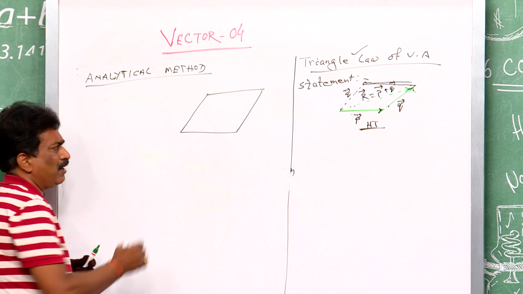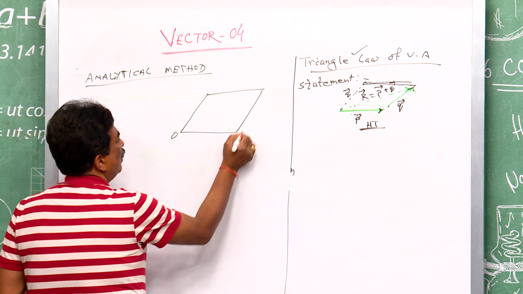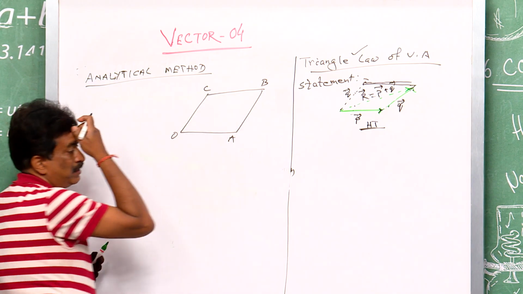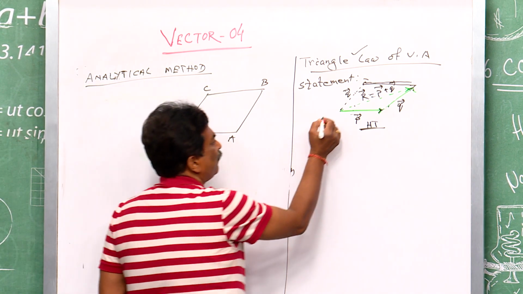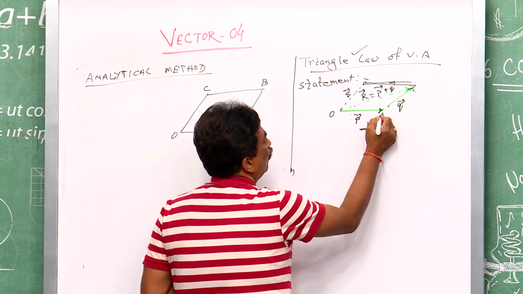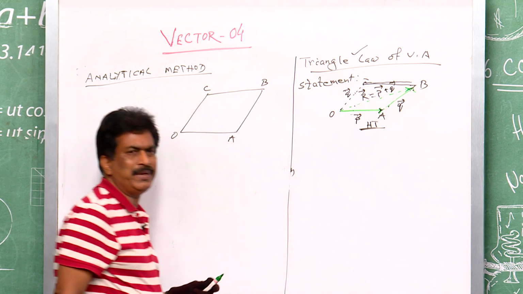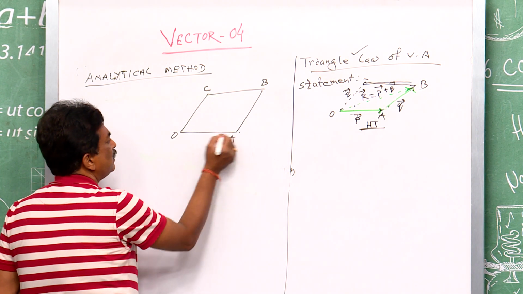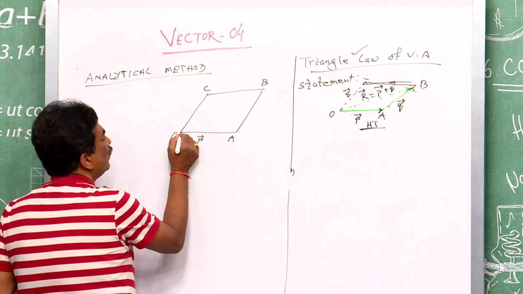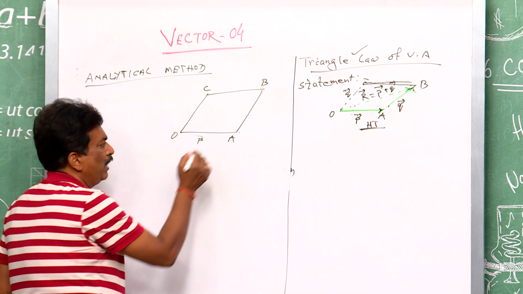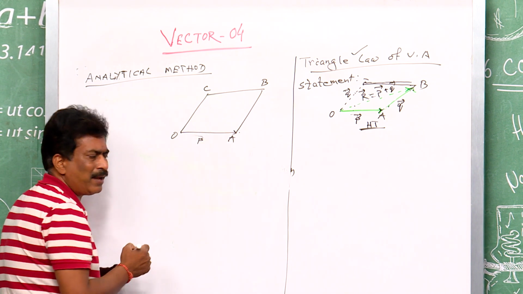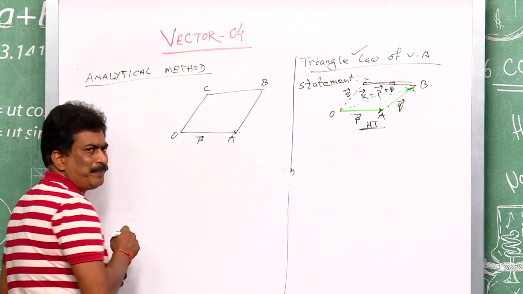This is the parallelogram OABC, and for the triangle, if we go for the analytical method, it is OAB. Here the two vectors: this is the P vector, with magnitude P. If it is the vector OA, then it is the P vector.